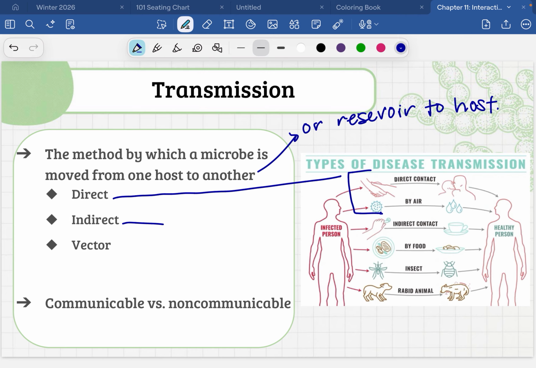Transmission can also happen indirectly. Okay, so that can happen because somebody with the flu touched a doorknob, and then you came behind them and touched the same doorknob and then touched your own face. Okay, so that's indirect. Or, I think I said last time, I got cold sores because I stole my brother's soda when I was a kid.